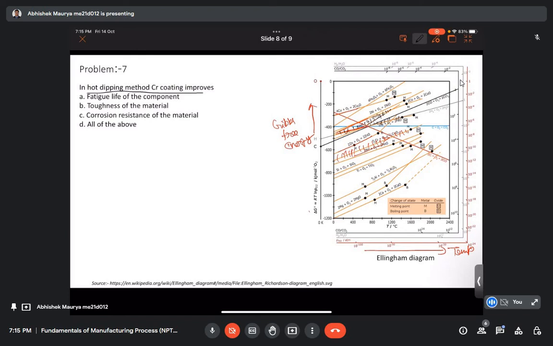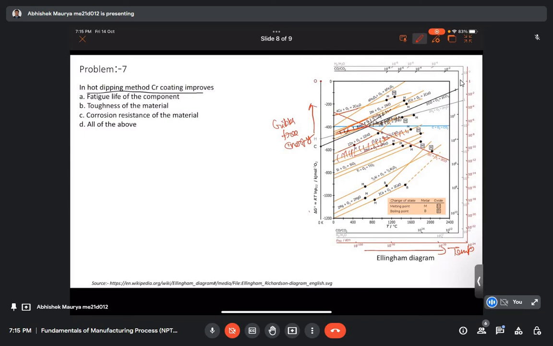There are basically two types of reaction with oxygen for iron, so we have two lines. But both of these lines for the reaction of oxygen with iron come above the reaction of chromium with oxygen.